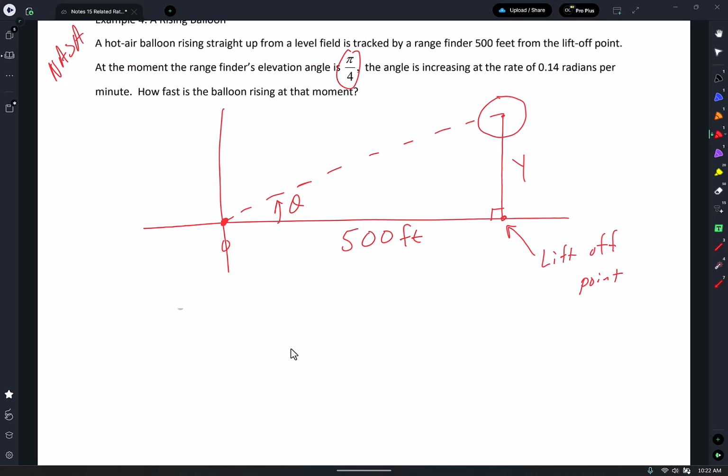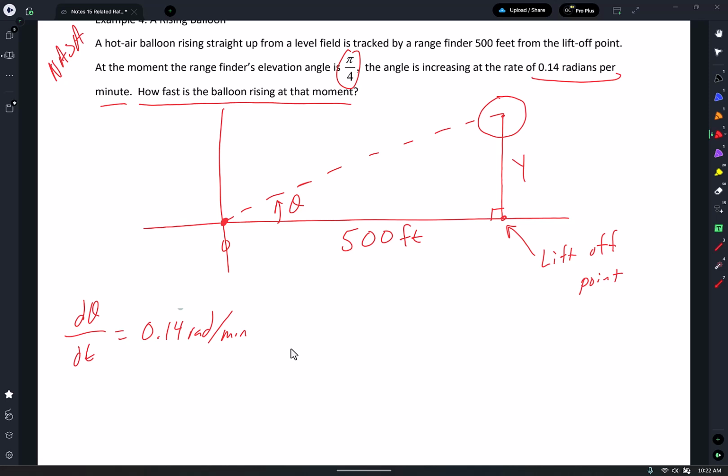So let's see. The angle is increasing at a rate of 0.14 radians per minute. So that is your d theta dt, 0.14 rad per minute. All right, what else? Okay, that's it. What do they want?